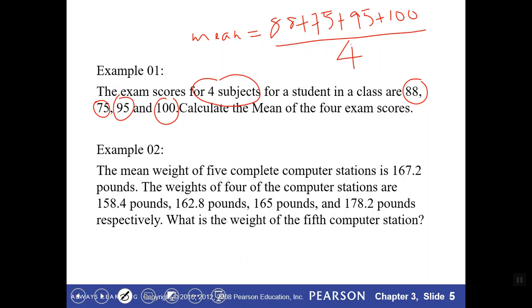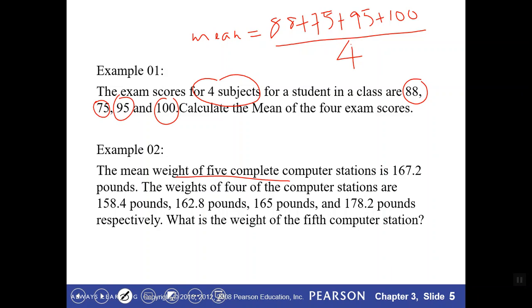And also here, example 2: the mean weight of 5 complete computer stations is 167.2 pounds. The weights of 4 of the computer stations are 158.4 pounds, 162.8 pounds, 165 pounds, 178.2 pounds respectively.